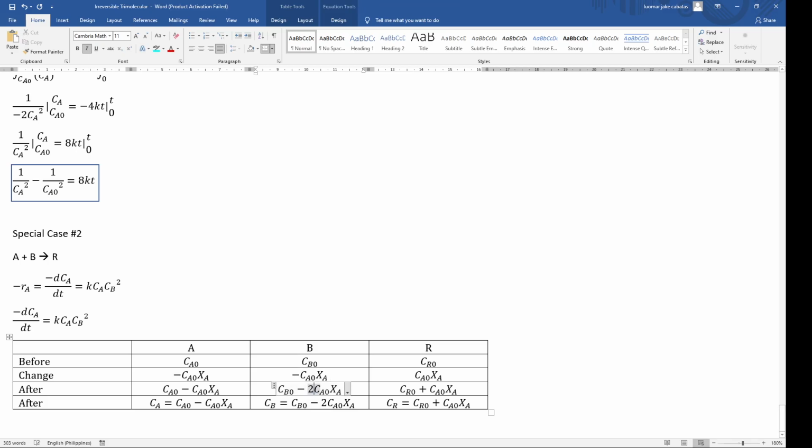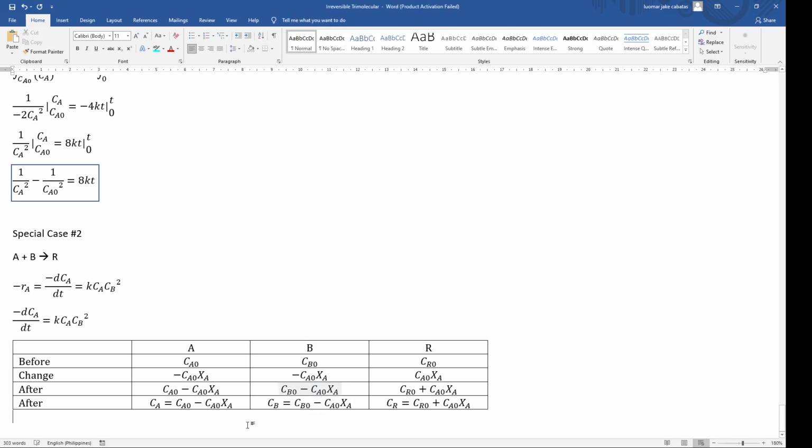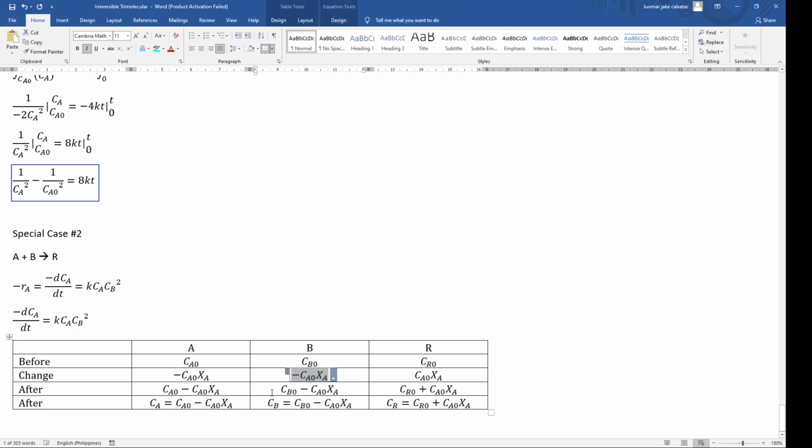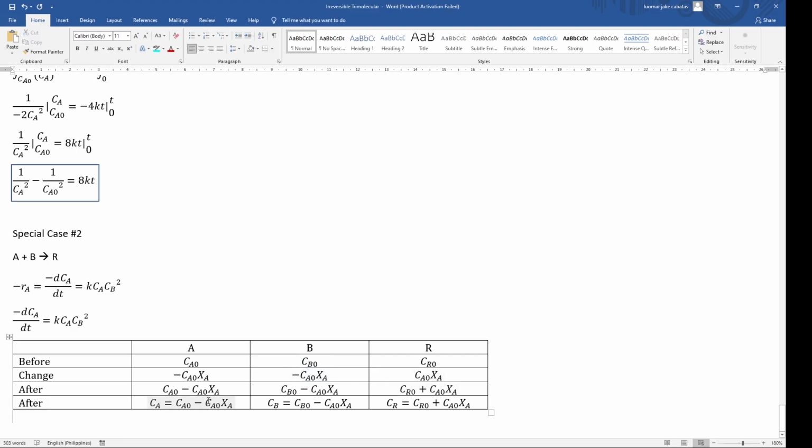This time B would equal CBO only, since it has no coefficients. I mean, here the change is negative 1 and negative CAO XA only.